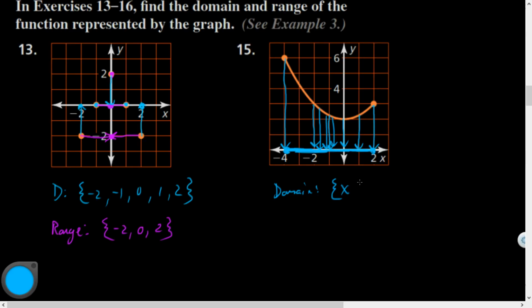There's infinitely many things. So I say the set of all x, this vertical line like an absolute value bar, means such that, and x is between -4 and 2, and that's what I think Pooja was telling us, that -4 is less than or equal to x is less than or equal to 2. Excellent, excellent.